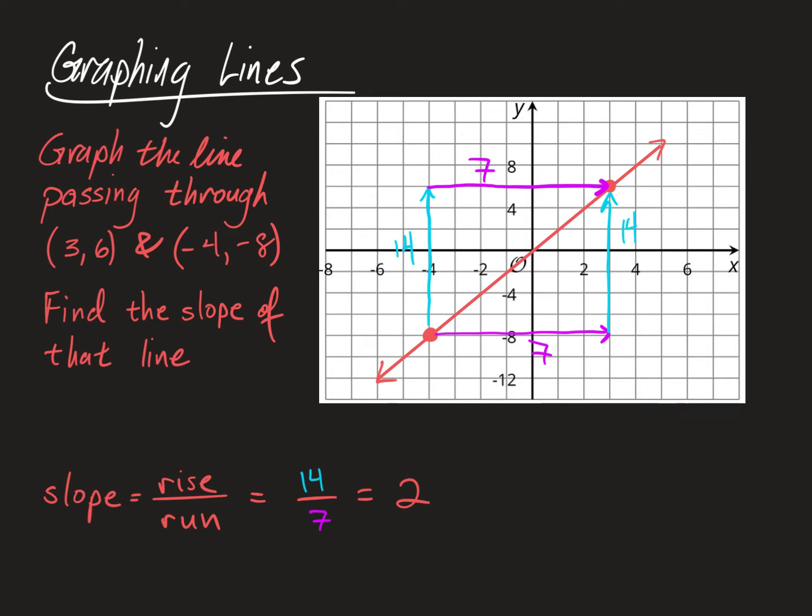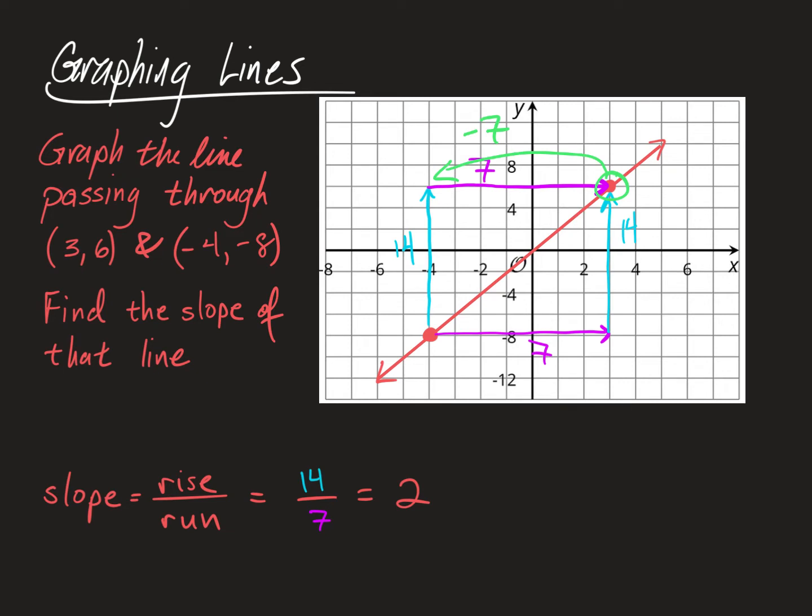But let's say you're just the rebelest rebel out there and you want to start at this point and go to this point. What's going to happen? Well, it turns out you're just going to be getting a slope of 2 again. So let's say you start at this point. I'm going to change colors. You start at this point and you go backward 7. If you move to the left, that ends up being a negative movement.